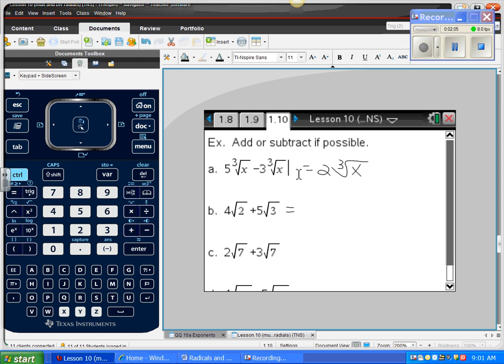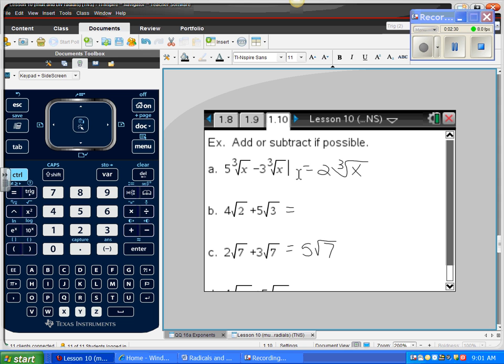Okay, so 4 radical 2 plus 5 radical 3? Can't do it. Why? Right, I don't have the same radicands. I do have the same indexes, not the same radicands. They can't be combined. Okay, so that just stays the way it is. 2 radical 7 plus 3 radical 7. 5 radical 7.